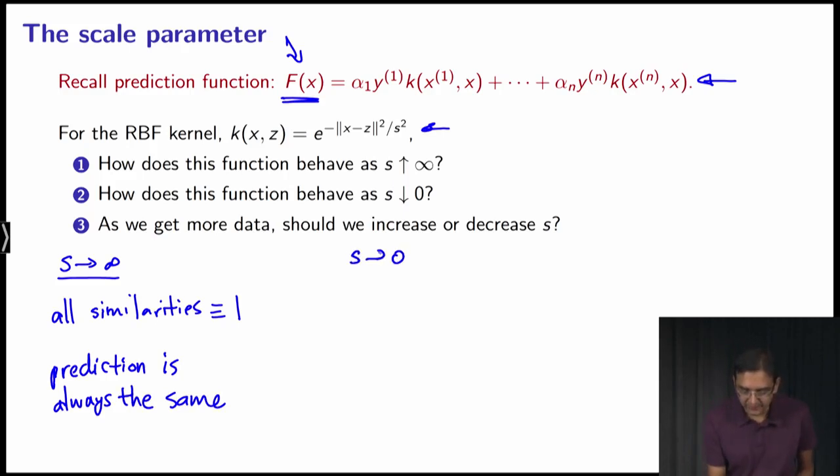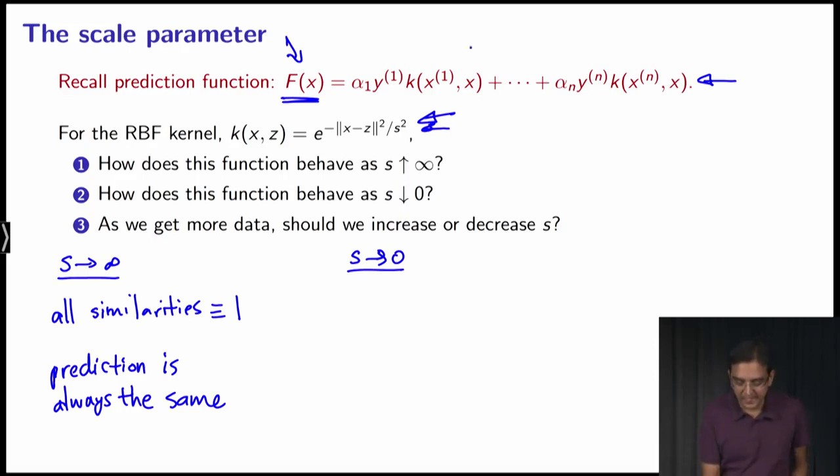Now let's look at the other extreme, when s is going to 0. In that case, what's happening is that we are dividing over here by a tiny number, and so that distance, x minus z squared, we're effectively multiplying it by some huge number. So all distances get magnified. That means any differences in distances get amplified dramatically. Okay?